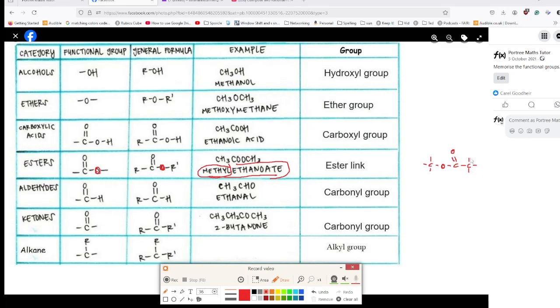Eth is 2 carbons, and as long as there's 4 bonds around every carbon and 2 around the oxygen, you'll know that you're getting it right, and then you just have to put in all the hydrogens. So my method for drawing these is that I draw everything around that middle oxygen.